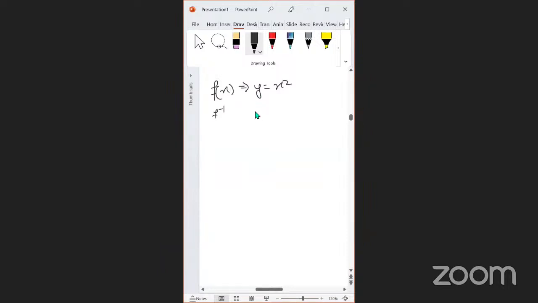So x equals under root y. Okay, got it. And now in order to express it in the inverse form, we just interchange the variables. So we got x to the power half. Got it. Thank you, sir.